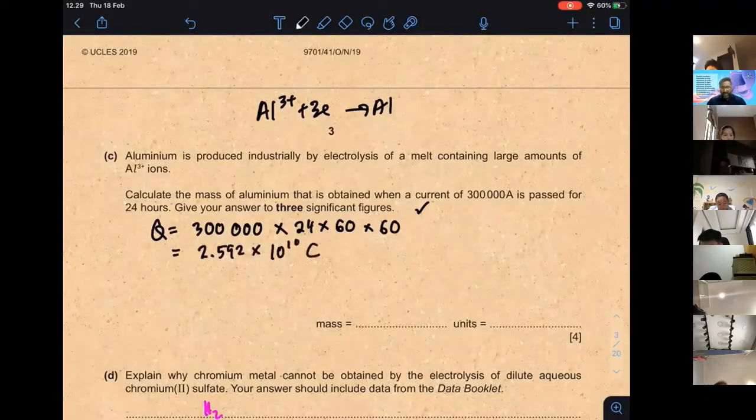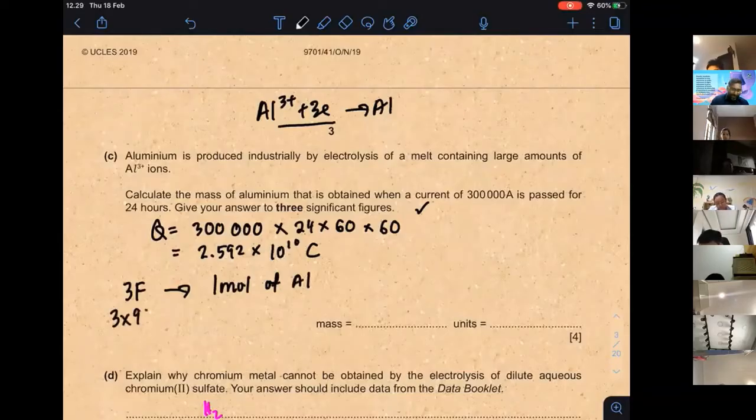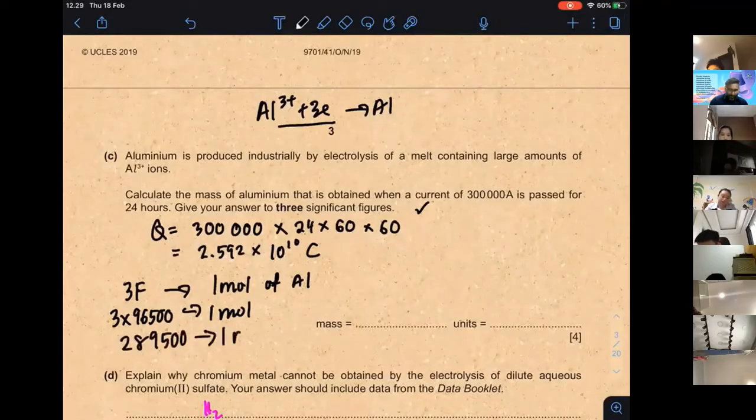Coulomb. And we know that, according to the equation, 3 Faraday can form 1 mole of aluminium. 3 Faraday is 3 times 96,500. You should remember this already. That will form 1 mole. So 3 times that is 289,500 coulombs for 1 mole.